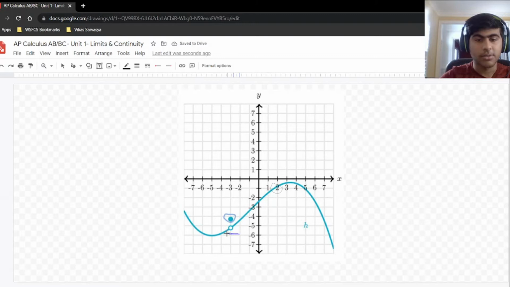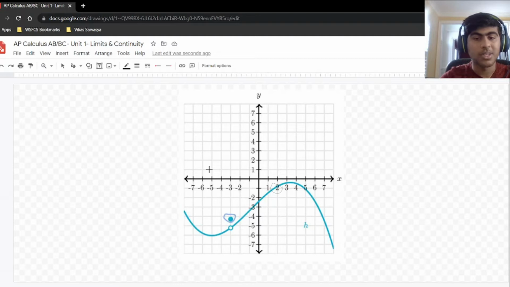It's this right here, y equals -5. The reason is that a limit is the value a function approaches, not what it actually is. On both sides of this curve, the value approached is around -5. It's not this dot up here at -4. That's why the limit in this case is -5.